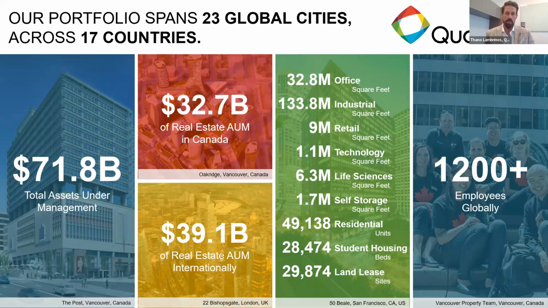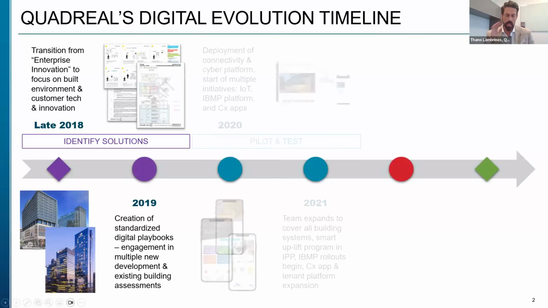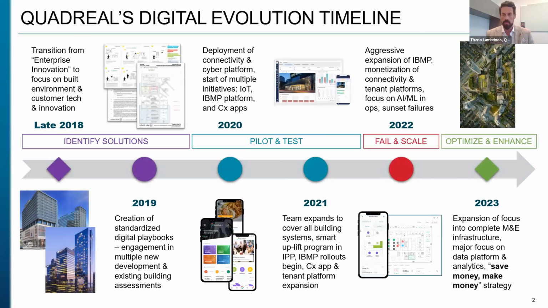So there were a number of things that we had to put in place to support this idea of a data layer, but I'll talk a little bit about our evolution and how we got to where we are today. I've been here now for just over 5 years. In the first couple of years, we really focused on creating standardization.